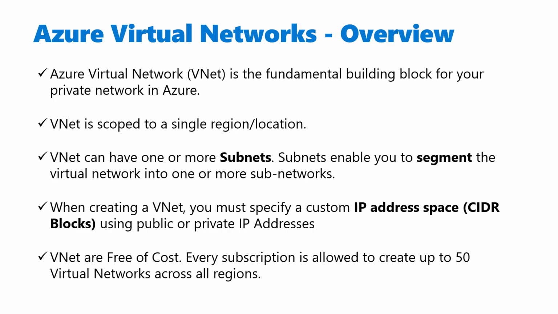This is also called as CIDR block. So it can be either public IP address range or private IP address range as well. And Vnets are free of cost, and we can also create up to 50 virtual networks in a given subscription across all the regions.